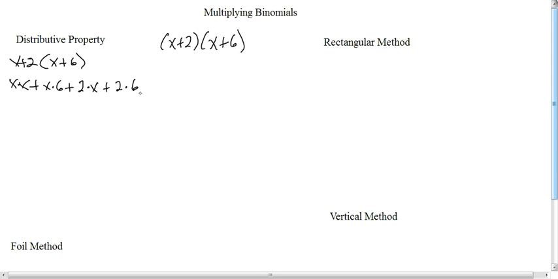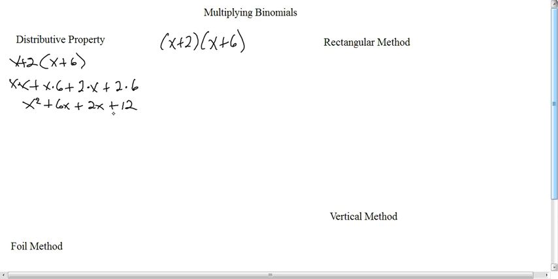Okay, so what I've done is I've taken each one of the terms and distributed them to the terms inside of the parentheses. I will come up with x squared plus 6x plus 2x plus 12.